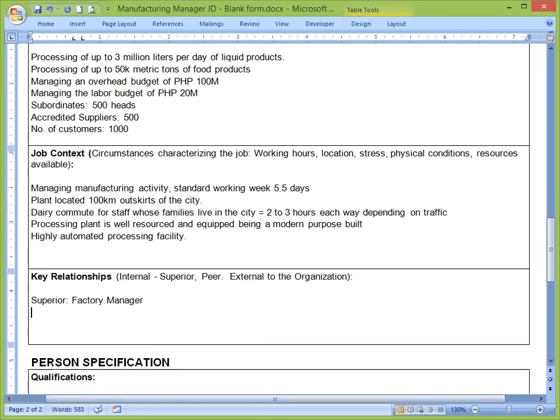Peers, lots of peers for this role. Maybe we say D&L manager or distribution and logistics manager. Who else? Quality manager, no? Engineering manager, maintenance guy.